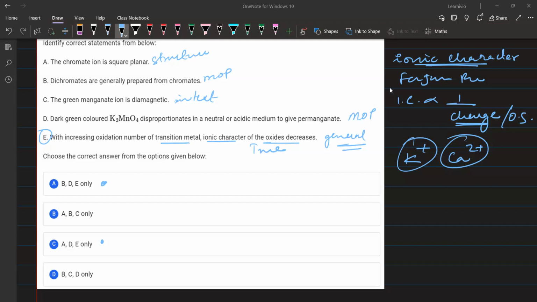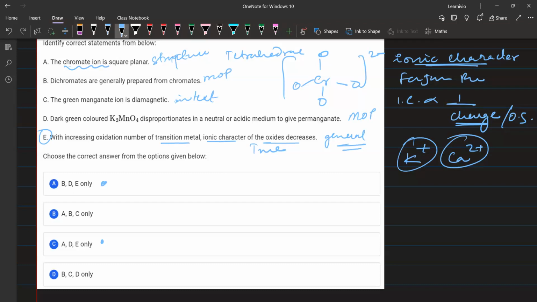If you remember slightly, chromate ion is going to have a tetrahedral structure. Okay? Chromate ion is Cr with 4 oxygen atoms, and the overall charge is 2 negative. This is the chromate ion, and it is tetrahedral in shape.